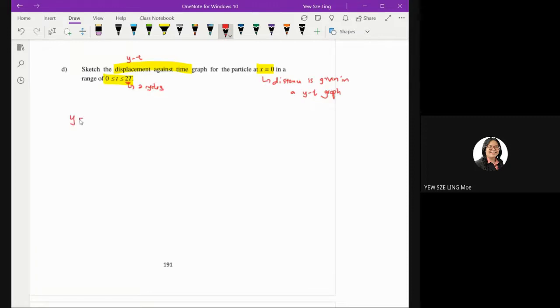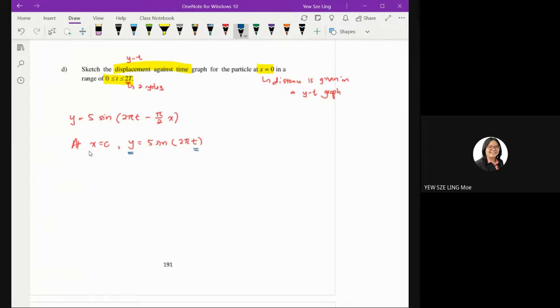The equation given is y equals 5 sine (2 pi t minus pi over 2 x). So at x equals 0, I have the equation y equals 5 sine 2 pi t. Now, you're left with just one unknown, which tells you that y, the displacement of the particle, changes with time.